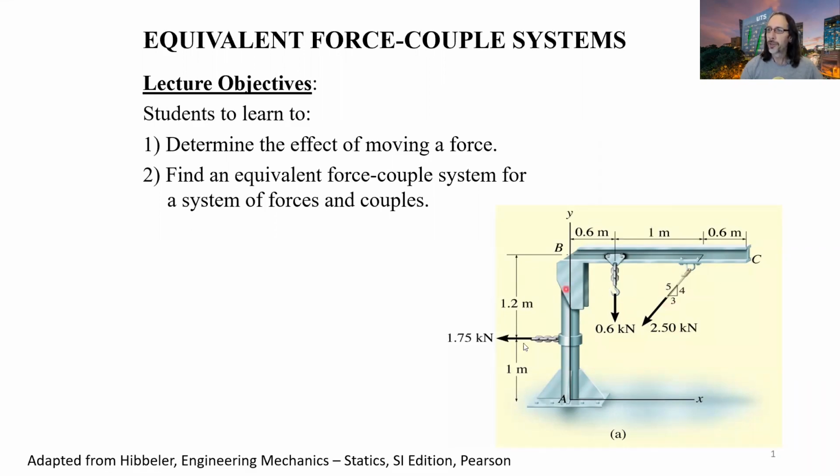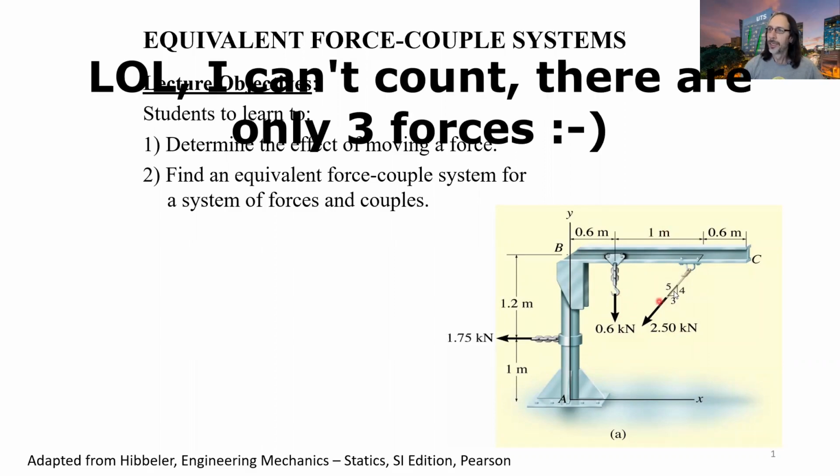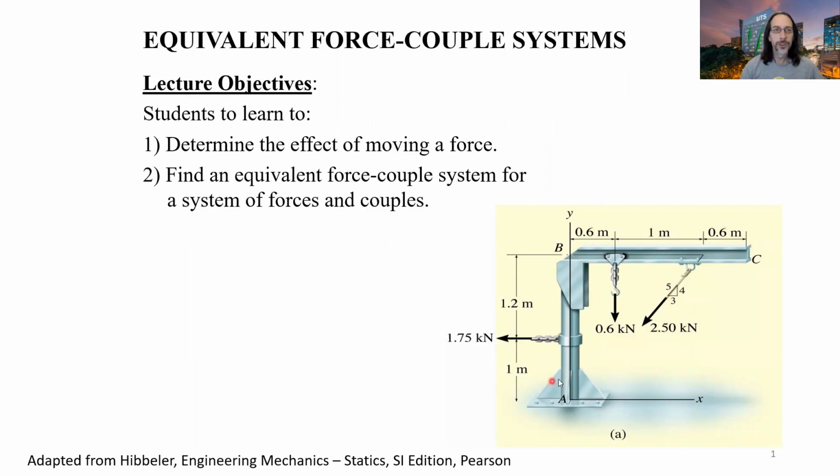So here we've just got a crane, a workshop crane, and we've got 1, 2, 3, 4 forces here. So something that we might want to do if we're having to design this or install it is to work out how many and what size bolts we need down here at the support. Okay?